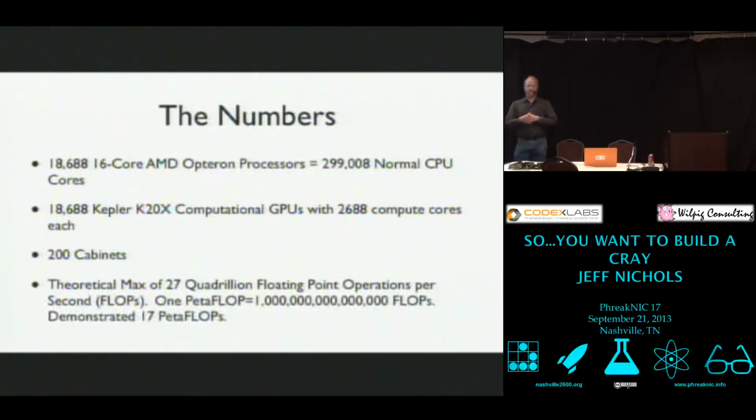There are 200 cabinets that compose this machine, and it has a theoretical max, if you could get all that going in the same direction, of 27 quadrillion floating point operations per second. A floating point operation per second is a flop. That's 2.5 plus 2.5 equals 5.0. That plus is a floating point operation.